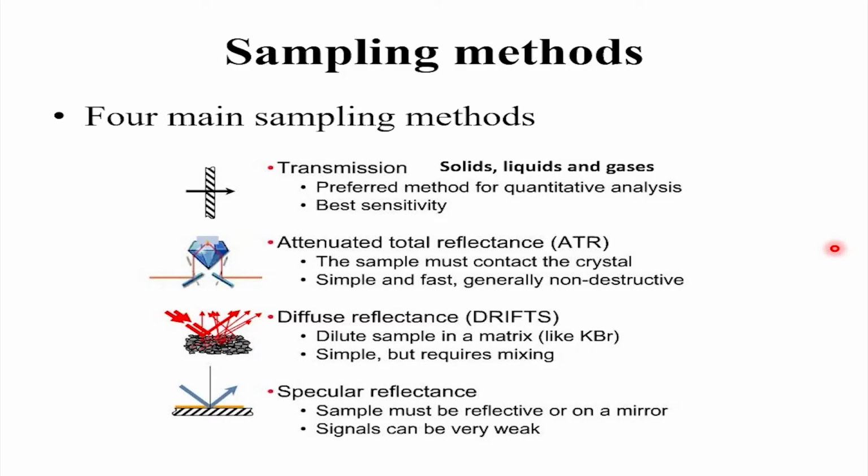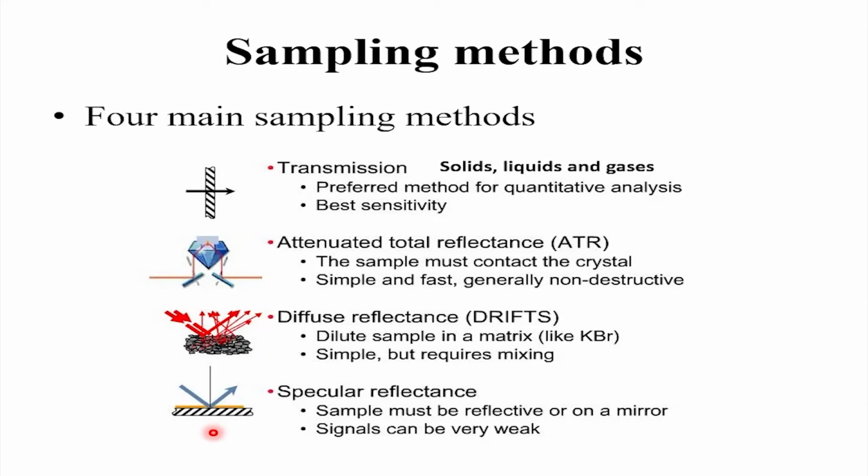Now, what if your sample has a substrate which is not transparent? Light may pass through your sample, but it will not pass through the substrate. In this case, you won't be able to keep the sample directly in the beam path. Either you have to do a specular reflectance, where you keep the sample at one position and the beam reflects from your thin film.